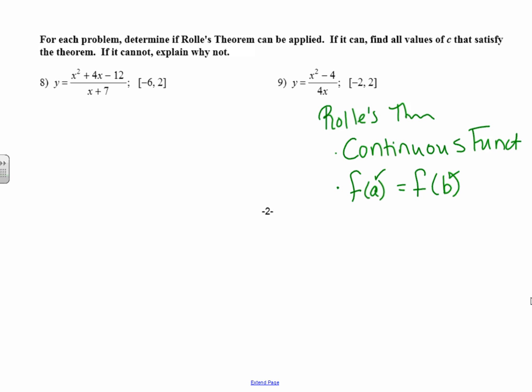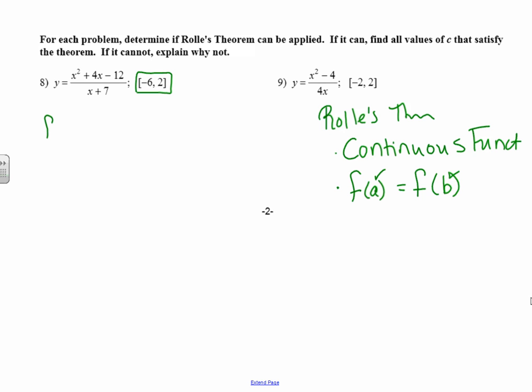Well, I don't know that this is continuous, but on the grounds from -6 to 2, this function would appear continuous. It has a domain issue at x equals -7, but since that is not in my interval, I'm going to state that this function then is continuous. So I can continue with Rolle's theorem.